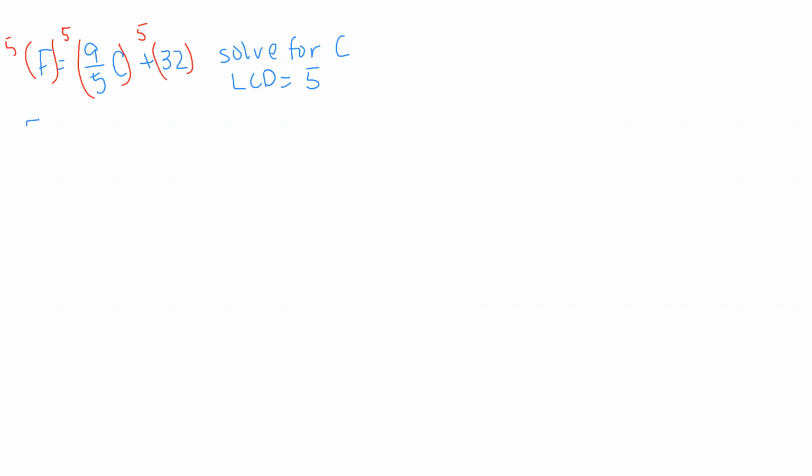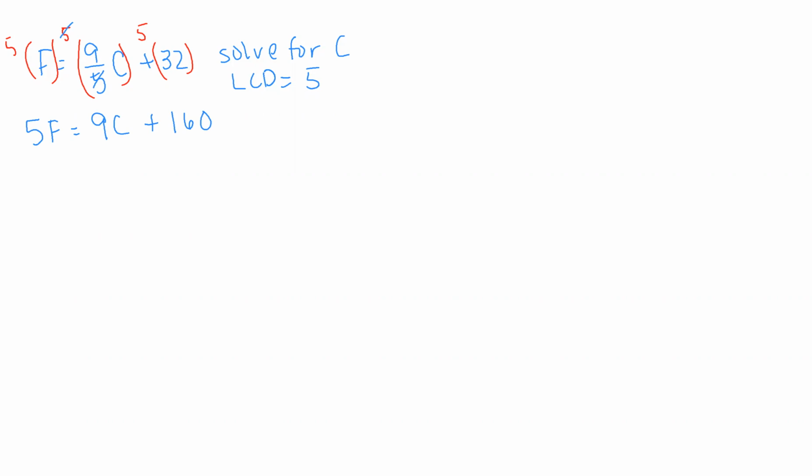So I get 5f equals, well, when I look at 9/5 c times 5, the 5's cancel, leaving just 9c. And then 32 times 5, I get 160. Okay. So again, we could have just moved the 32 over immediately and then dealt with the fraction. But for this one, we just went ahead and dealt with the fraction.